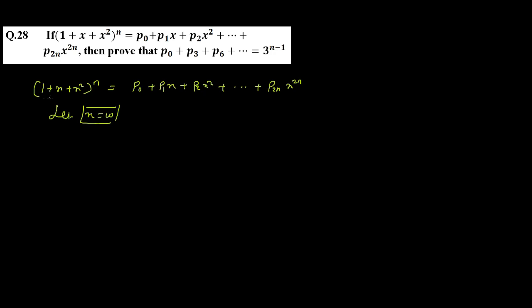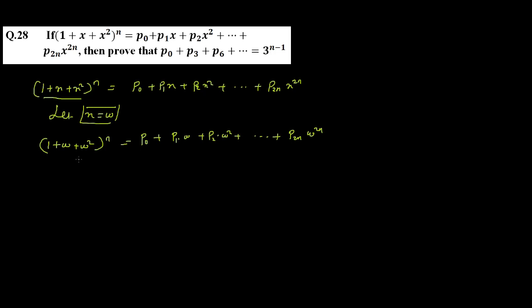As in the left hand side, I have 1 plus x plus x square. So if we put x as omega, I will get (1 plus omega plus omega square) power n is equal to p naught plus p1 into omega plus p2 into omega square, continuing up to p2n omega power 2n.